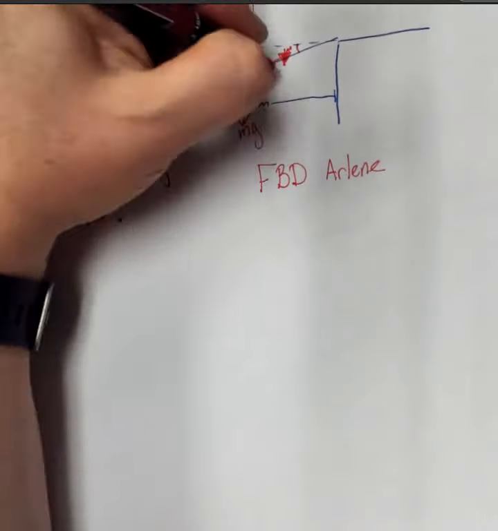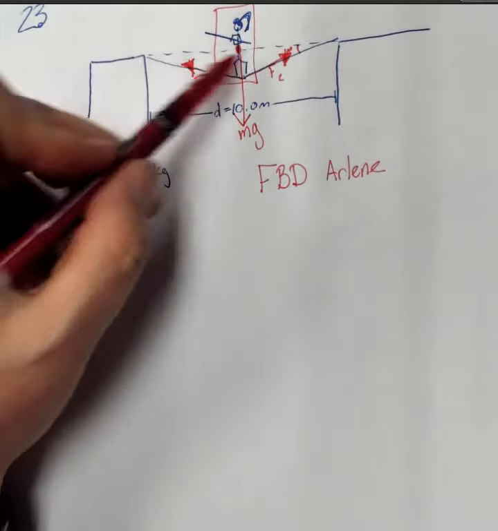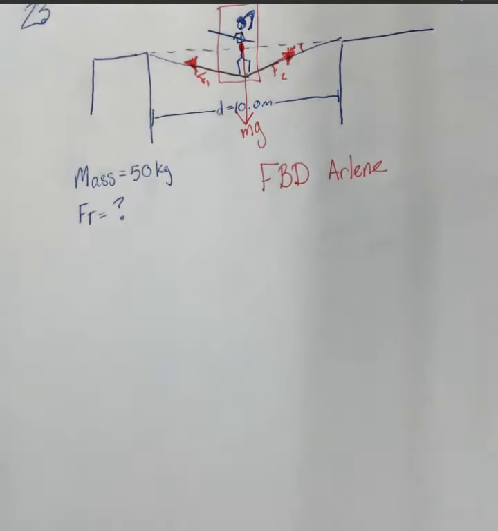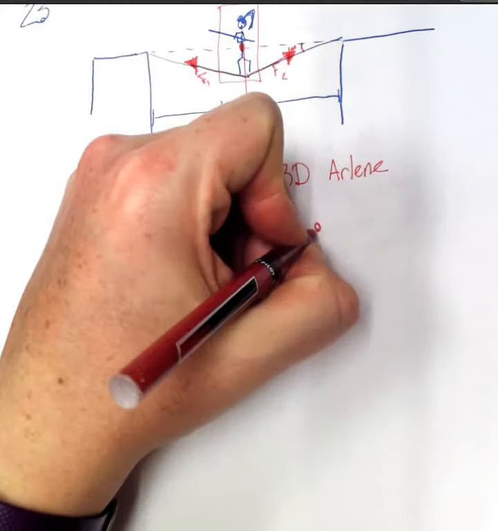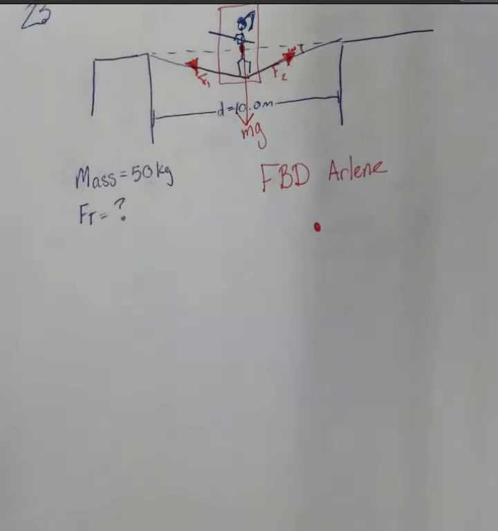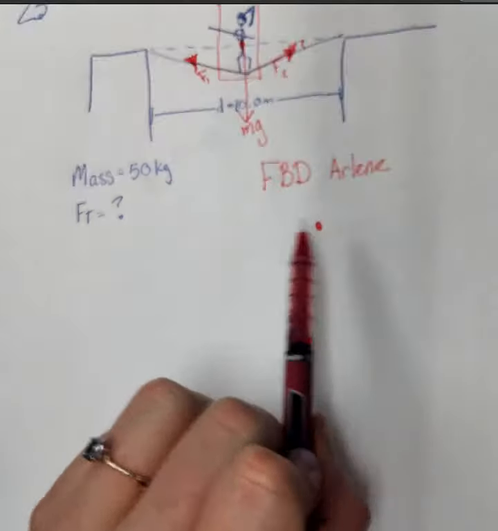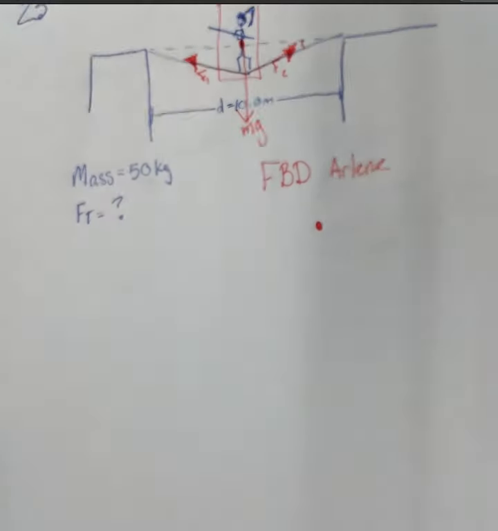Please note that when I draw these arrows on this diagram, I have not done a free body diagram. The free body diagram would be done separately here, and it would mean that you would have to do a separate diagram showing all of your arrows.